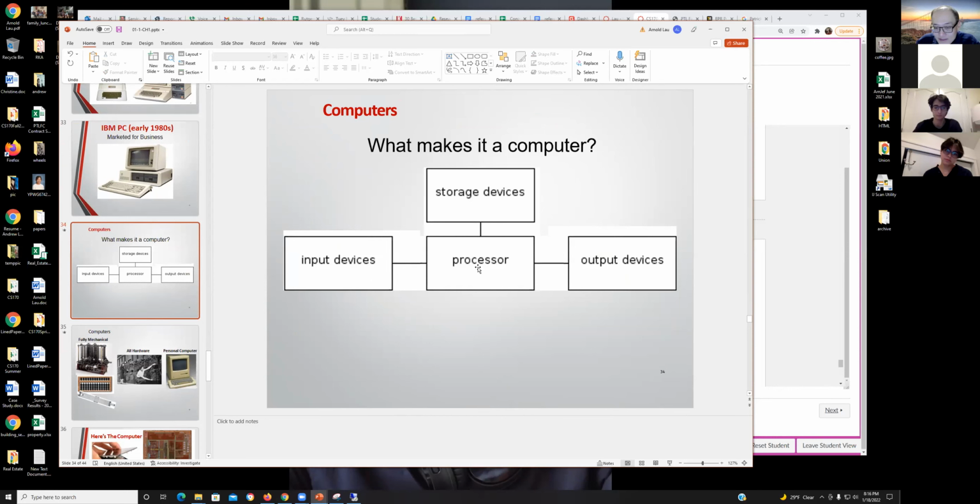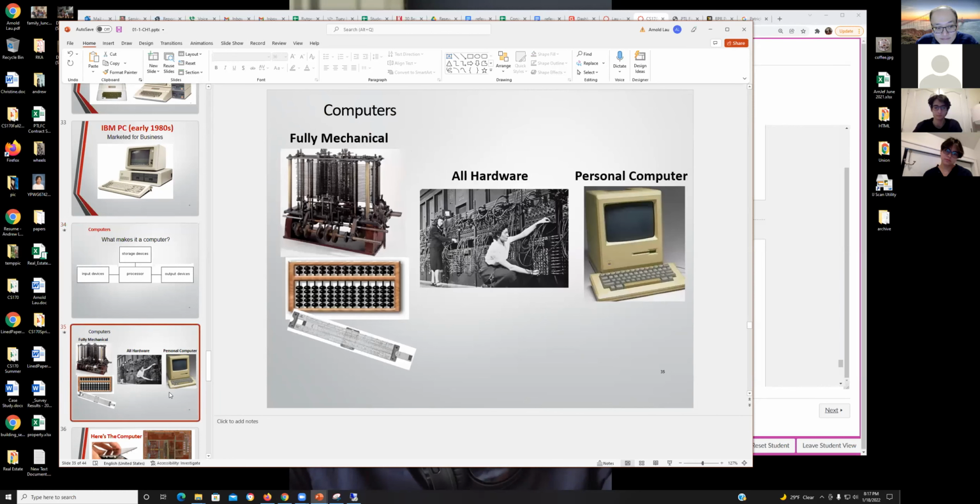And then your CPU is basically processing all of these inputs, whether it's coming from memory or from your input on your keyboard, doing something with it, and then it kicks it back out into an output device. Maybe it kicks it out to your screen. Maybe it kicks it out and sends it to another storage device, okay?